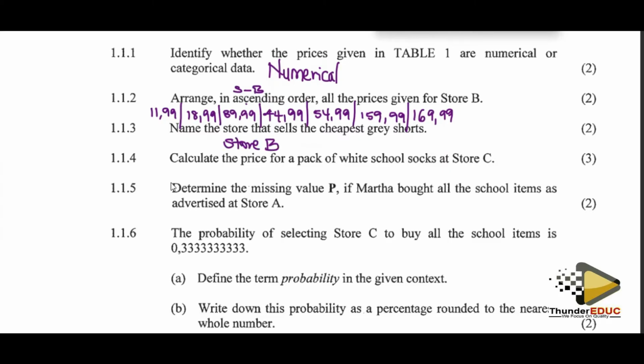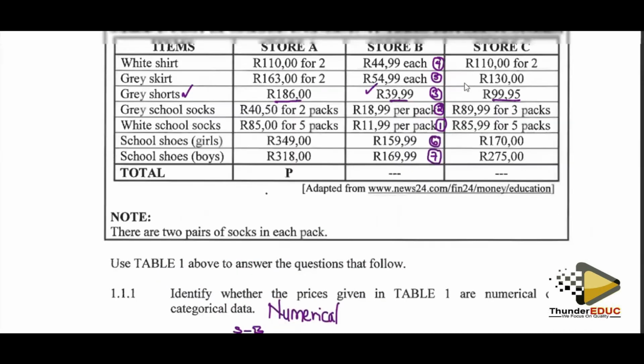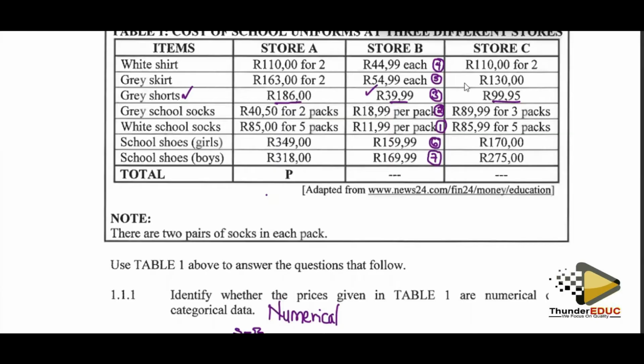Check out the price for a pack of white socks at store C. Let's go to store C and see how much the white school socks are. Store A, store B, we are in C. So we are looking at this level here. Take note, a pack of five packs costs 85 rands 99 cents, but we want one pack.